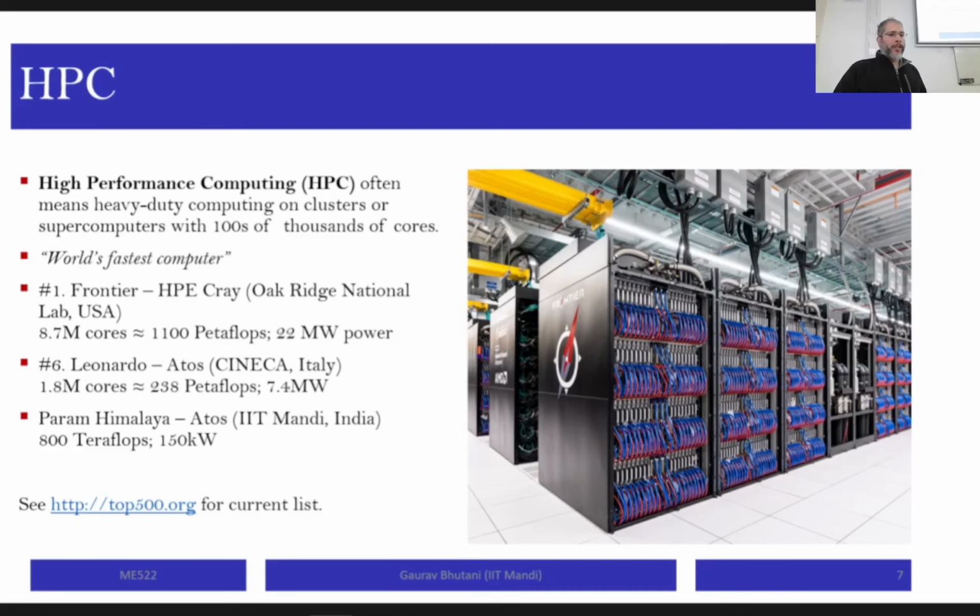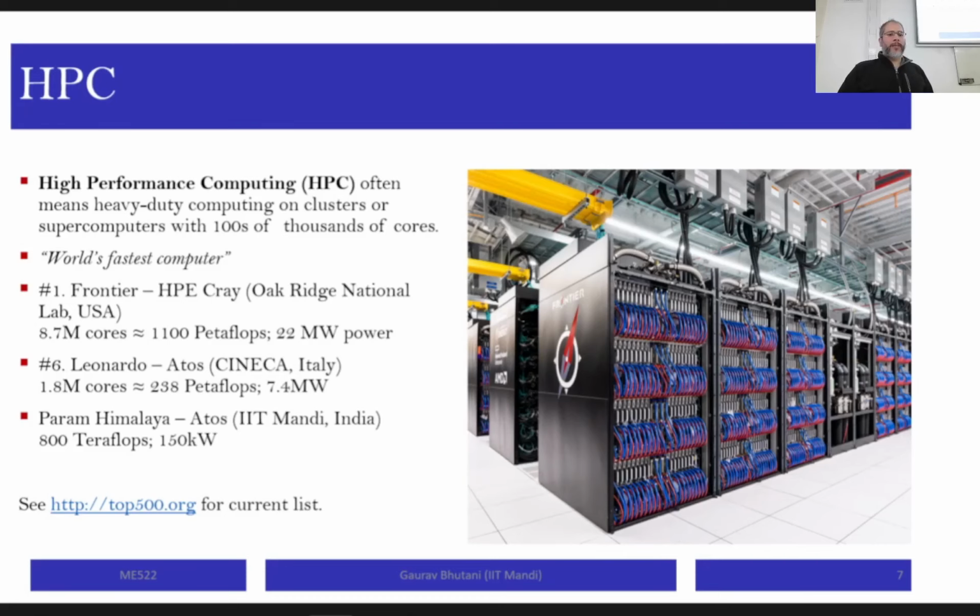It's called Param Himalaya. Param is a series name that is given to Indian supercomputers. This one is 800 teraflops. Peta is 10 to the 15, tera is 10 to the 12.